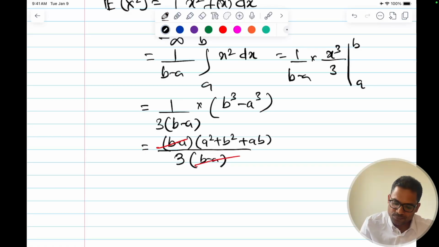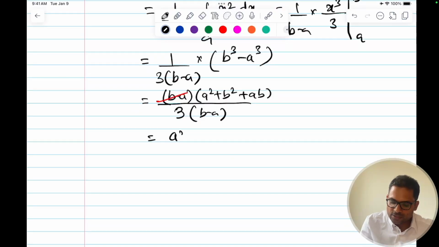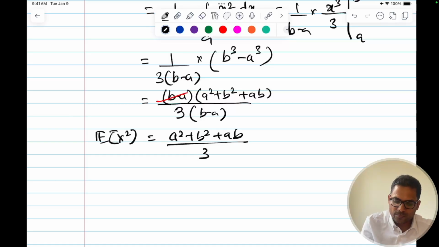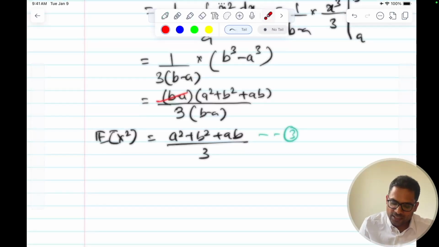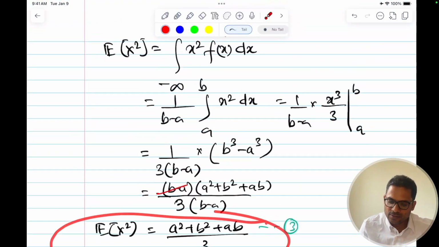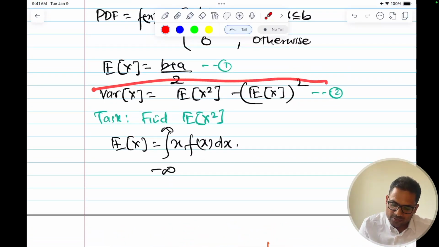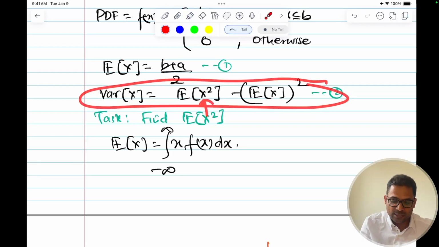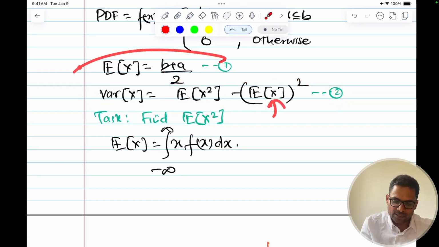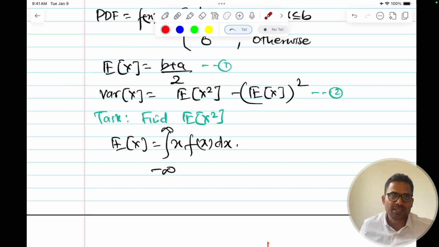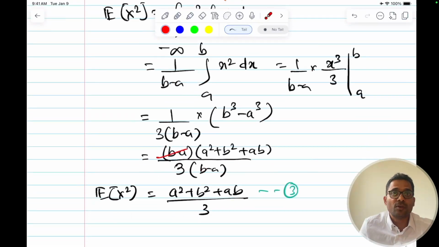Now this is equal to a square plus b square plus ab by 3. This is your expectation of x square. So let's say this is our equation number 3. Now we have expectation of x square. That's what we needed. We have this variance formula where we need expectation of x square and expectation of x. We have expectation of x. Let's use all these values to find the variance of x now for uniform distribution.